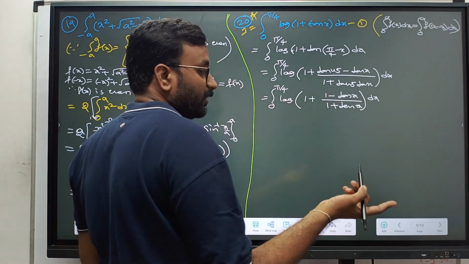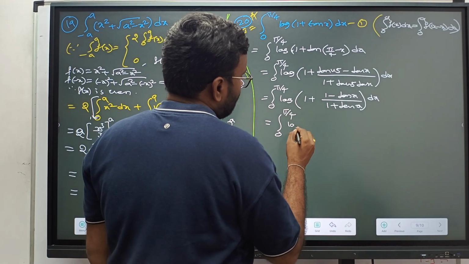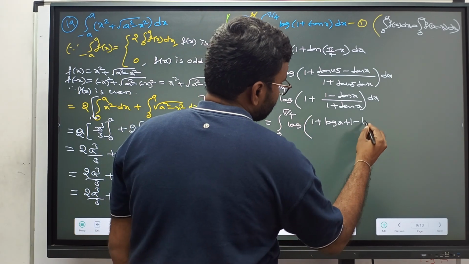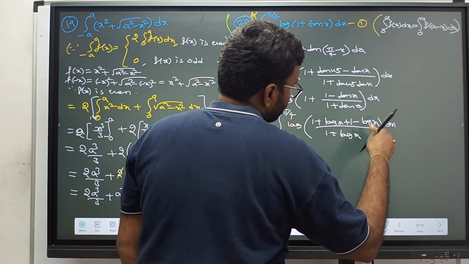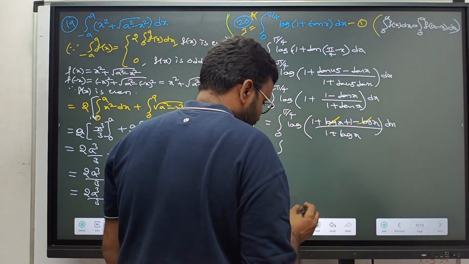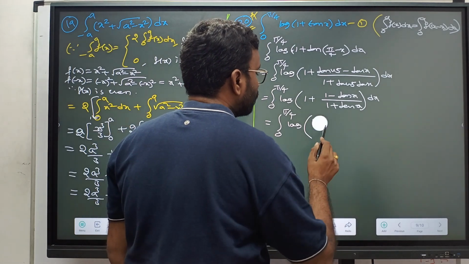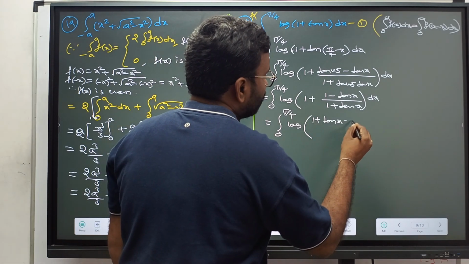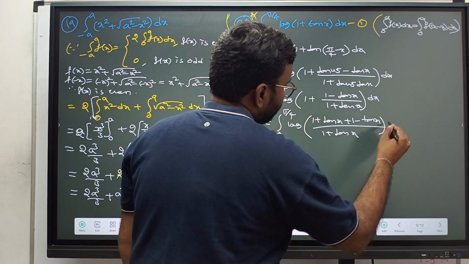You have this in Maths 1B differentiation. Which is integral 0 to pi by 4 log of, take the LCM, it will come this side, that is 1 plus tan x plus 1 minus tan x by 1 plus tan x, which is the LCM, into dx.